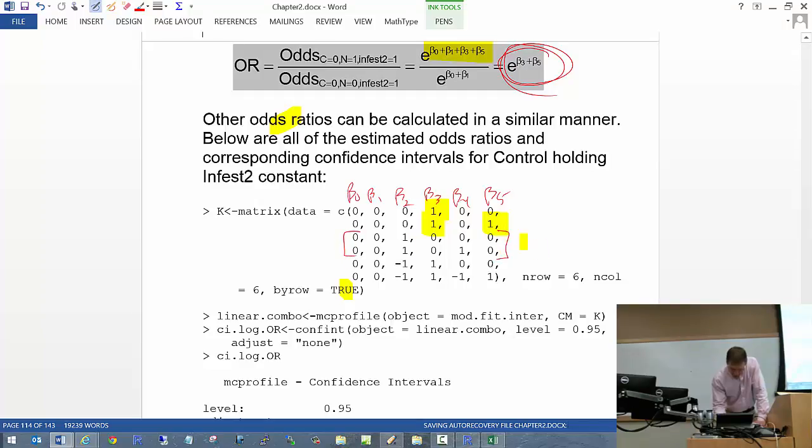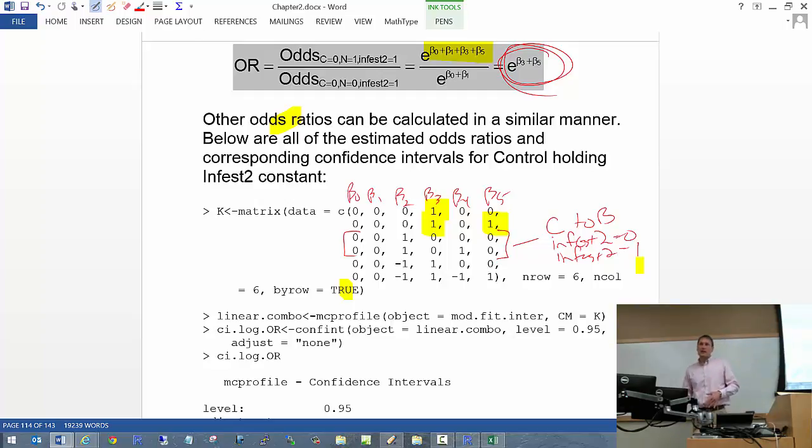So these 2 rows that I'm highlighting here are comparing C to B, where the first row in that area is infest2 is equal to 0, and then the second row is infest2 equal to 1. The last two rows are comparing N to C. The first of those two, infest2 is equal to 0. The next one's infest2 equal to 1. Page 116 shows the final results that has everything in the correct order.